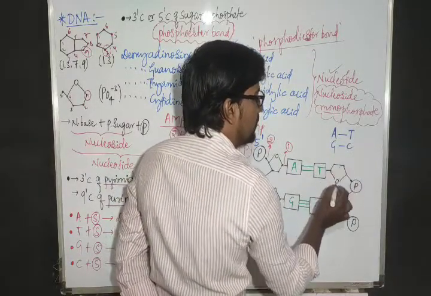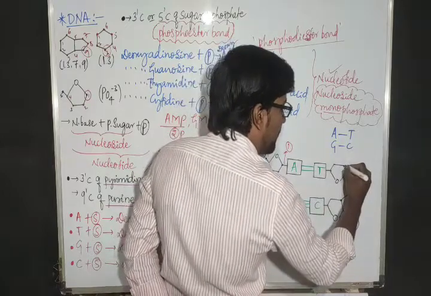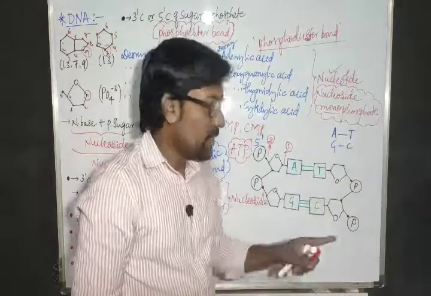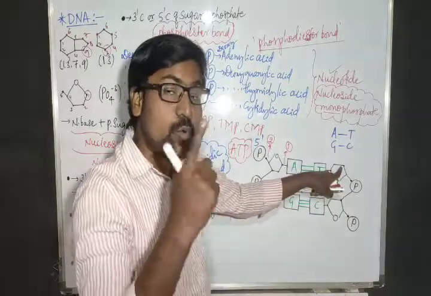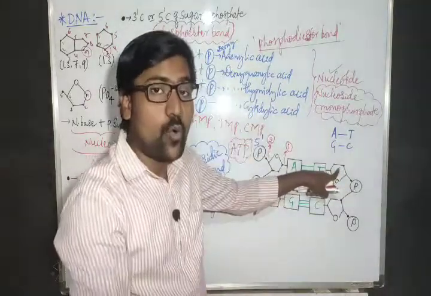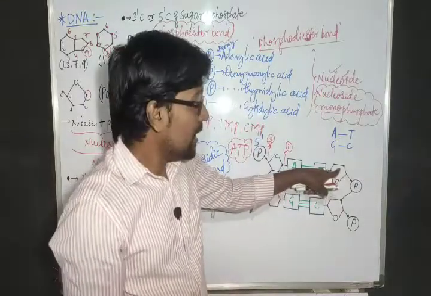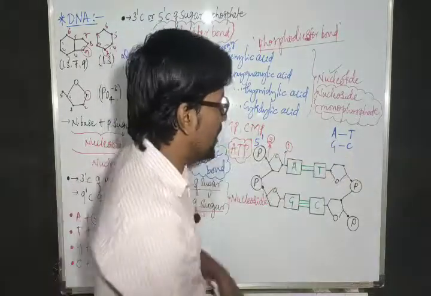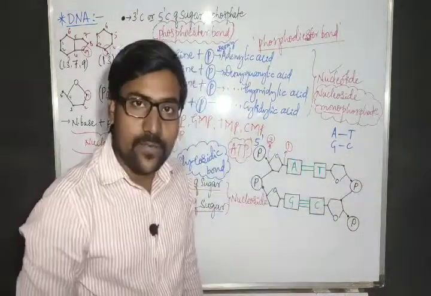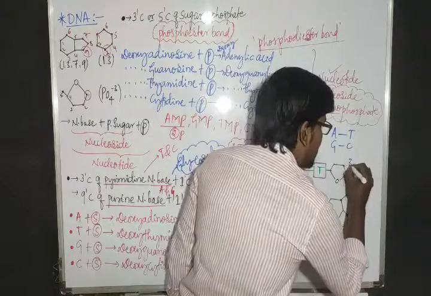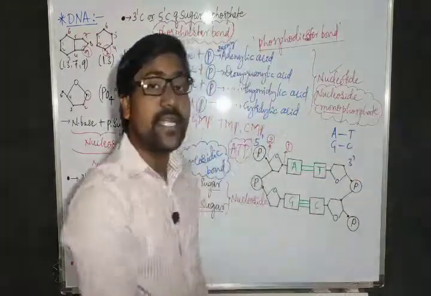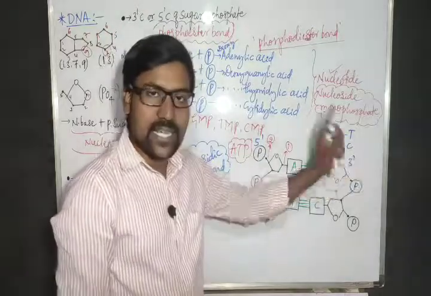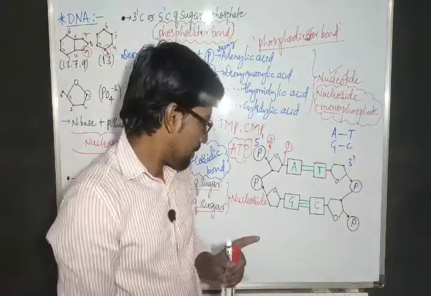Here the third carbon is free, and that third carbon has an OH group. Hence it can combine with another phosphate. So I will mention this end as 3 prime. This is 5 prime, that side 3 prime.